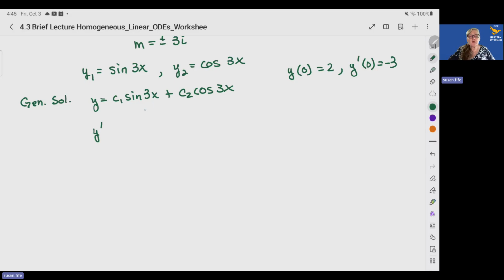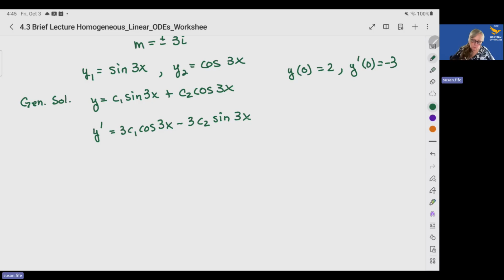The derivative of sine is cosine. Derivative of 3x is 3. So that's going to give me 3c1 cosine 3x. And then for my second term, the derivative of cosine is negative sine. Derivative of 3x is 3. So that's going to give me a minus 3c2 sine 3x.